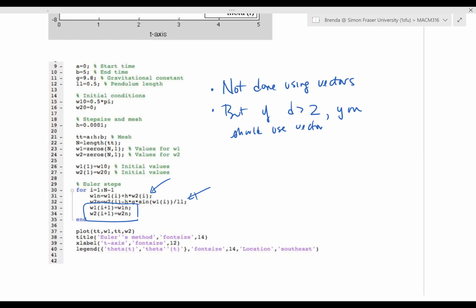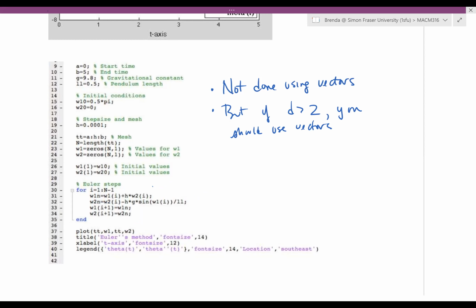Because if it was a third order one, you would have W3 and so on like that. That's usually what you use vectors for, right? We would just index it. So it's not hard to code. It's an extremely easy thing to code up.